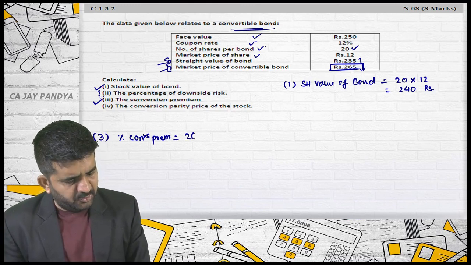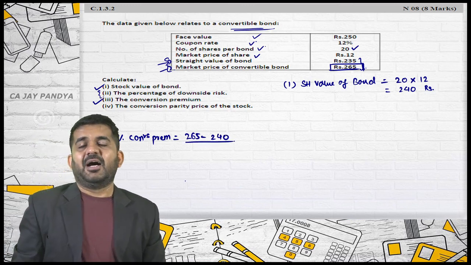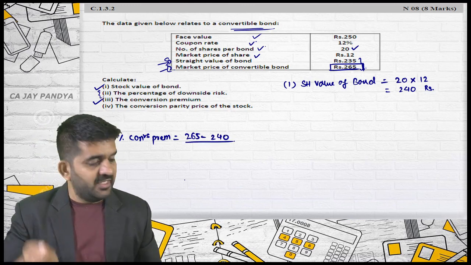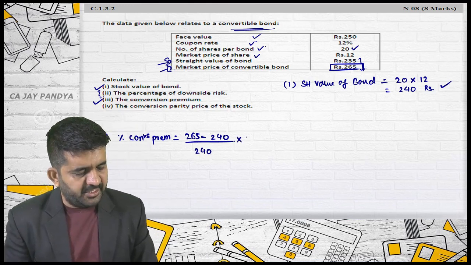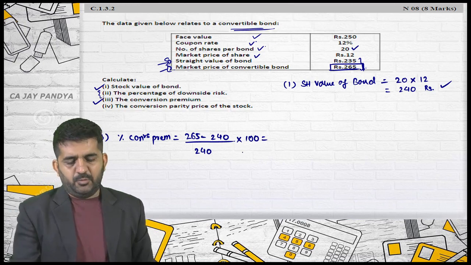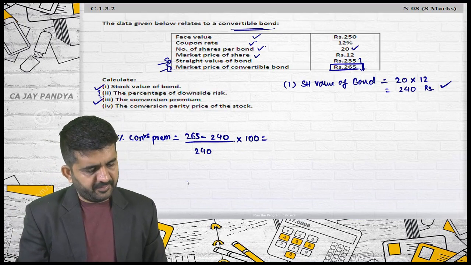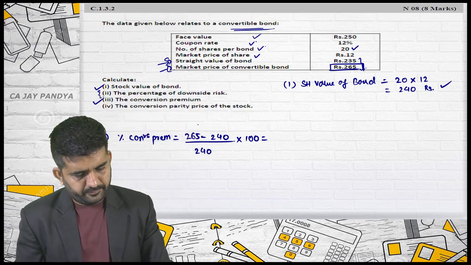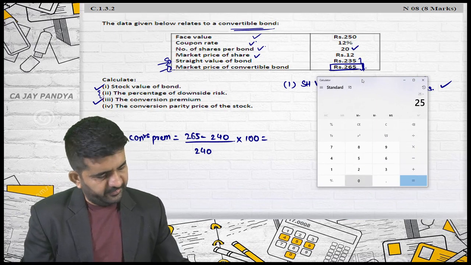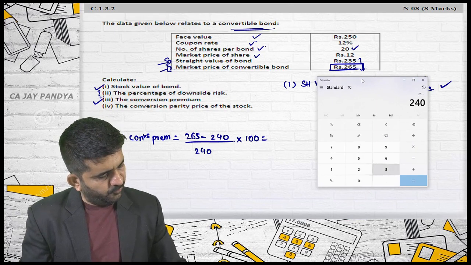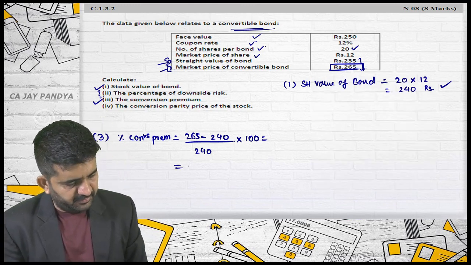What is the premium? 265 minus 240 divided by the conversion value. Percentage is always calculated on conversion value. This will be 25 divided by 240 multiplied by 100. 10.41.